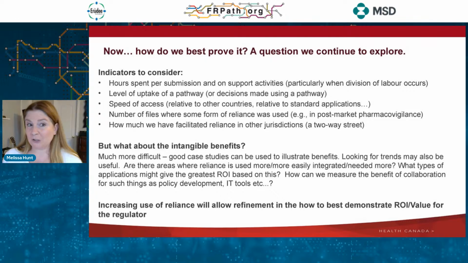And then we could look at the level of uptake of a pathway. How has that grown over the years, and why, and who, and what are we doing with those pathways, to try to figure out where we are best placed to use reliance. We could also look at decisions. Are we making different decisions? Are we aligned, and demonstrate benefit in that way? Speed is always a question.